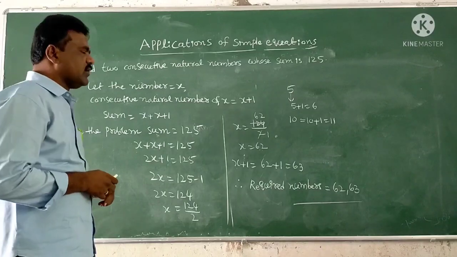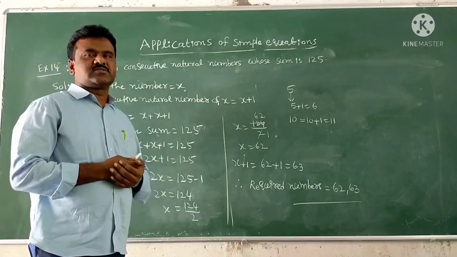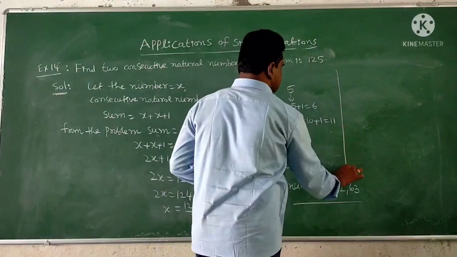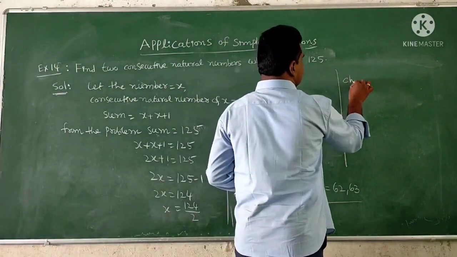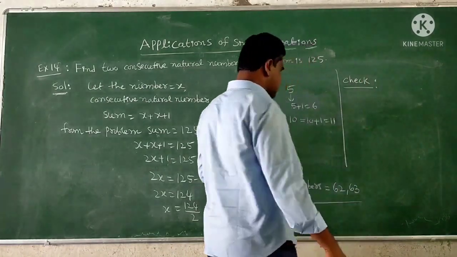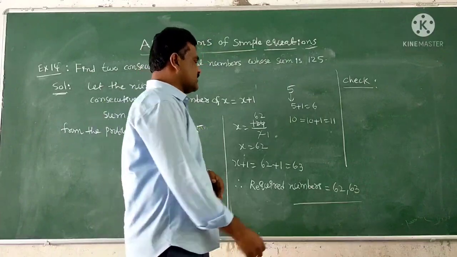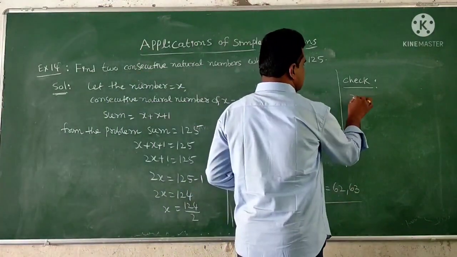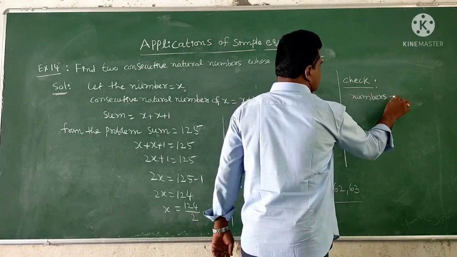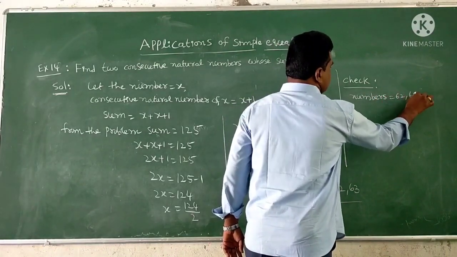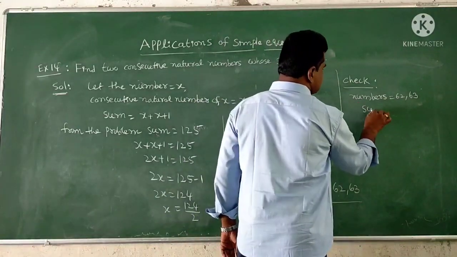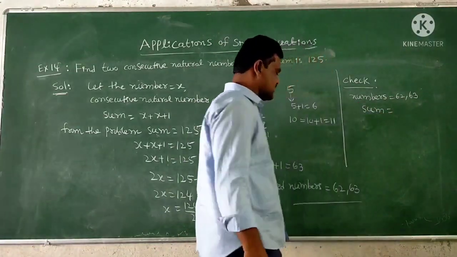Last step, we have to check. First take the two numbers, 62 and 63. Find the sum.